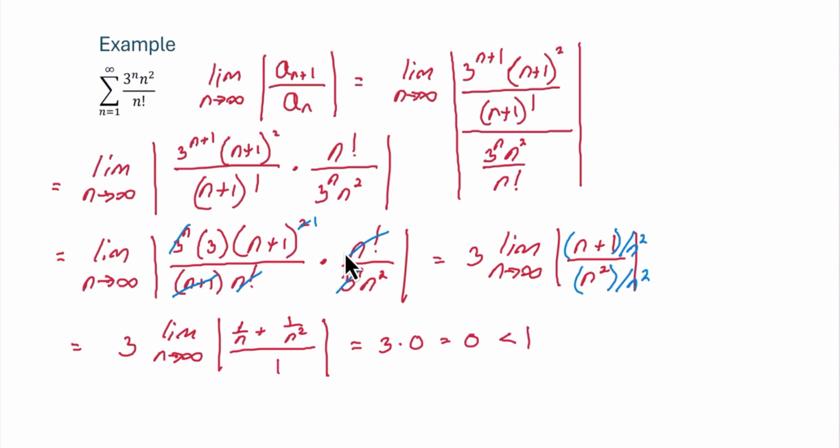And since that is less than 1, the ratio test tells us that the original series converges. So this series converges by the ratio test.